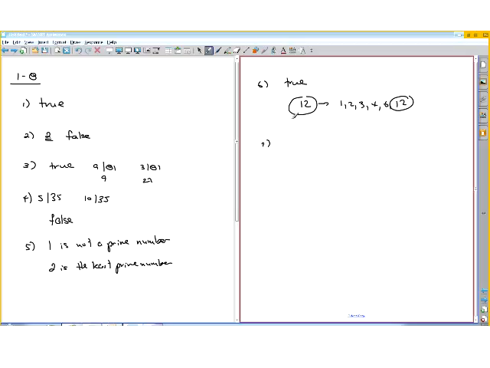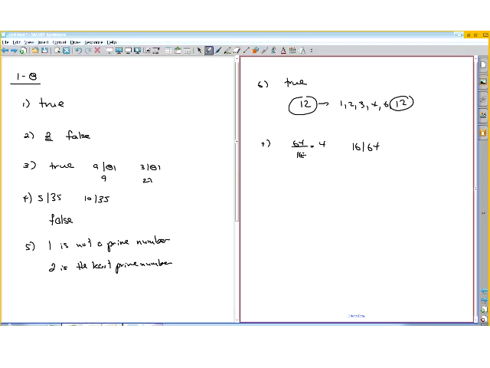Okay, number 7. If 16 divides a natural number, then 2, 4, 8 must also divide the natural number. So let's use an example. Let's say 64 divided by 16. So 16 does divide 64 because you get 4, a whole number. So the question is, does 2, 4, and 8?